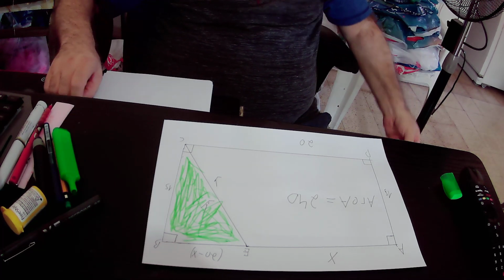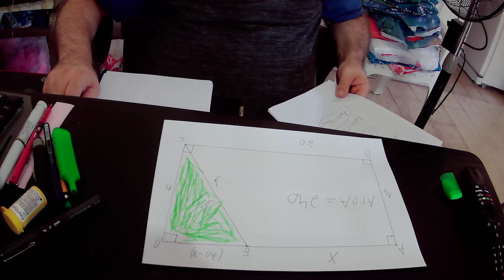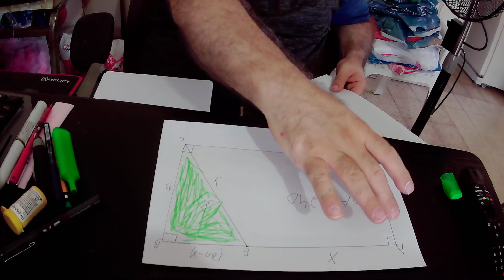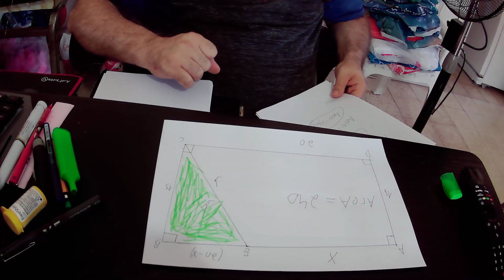And we know that the area of any rectangle equals the length of the rectangle times the width of the rectangle.